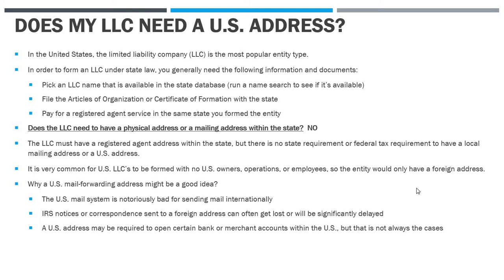That's the one problem I have with foreign addresses because of that contingency. If you have a U.S. mail forwarding system, you pay for a virtual mailbox where they open your mail, scan it, and send you an email with a PDF version. That's fantastic because the U.S. mail system is pretty good within the continental U.S. You're definitely going to get your mail, and then you'll be able to get a copy of it by that third-party provider, so you never miss anything.